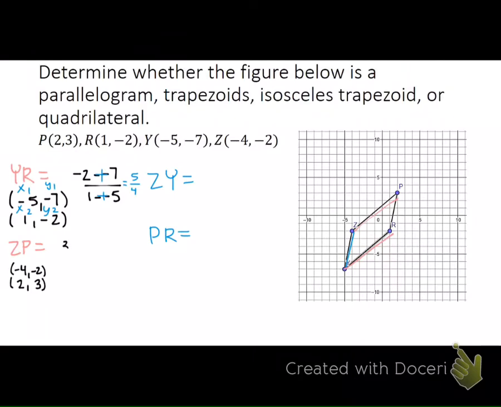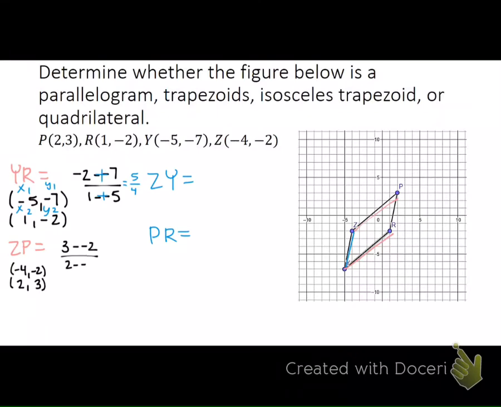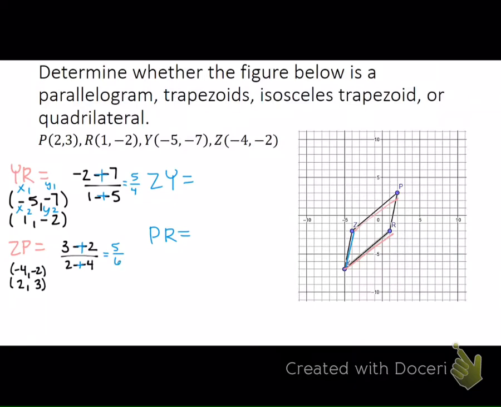All right. 3 minus a -2 over 2 minus a -4 becomes addition. So I have 5 over 6. So are those slopes the same?